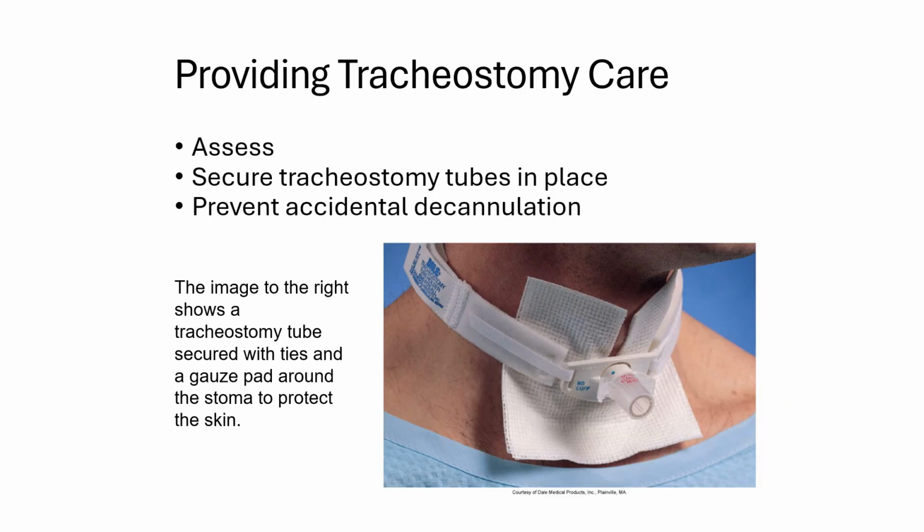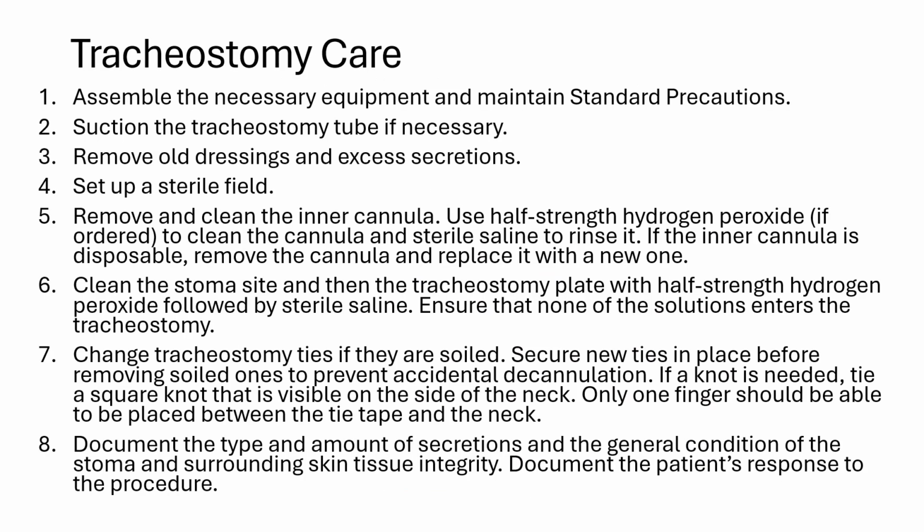So in providing tracheostomy care, you want to assess, secure the tracheostomy tubes in place, and prevent accidental decannulation. So this is the tracheostomy care. You want to first assemble equipment, suction the tracheostomy tube, remove your old dressing and excessive secretions, set up your sterile field, remove and clean the inner cannula, clean the stoma, and change the tracheostomy ties if they are soiled.